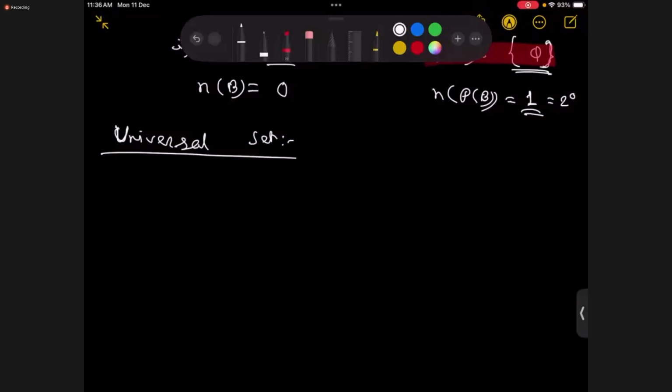Actually, in set theory, a universal set is a set which contains all objects including itself. Let me write it.